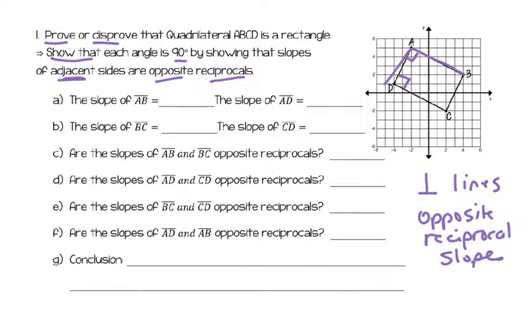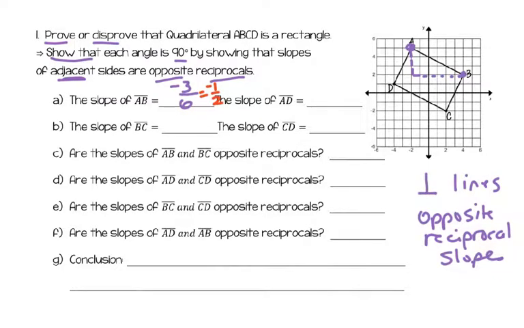Okay, so first off, we're going to find the slope of AB. So if I come over here to AB, remember to go from A to B, I'm going to go down 1, 2, 3. So -3 over, and I'm going to run 1, 2, 3, 4, 5, 6. And so that equals -1/2.